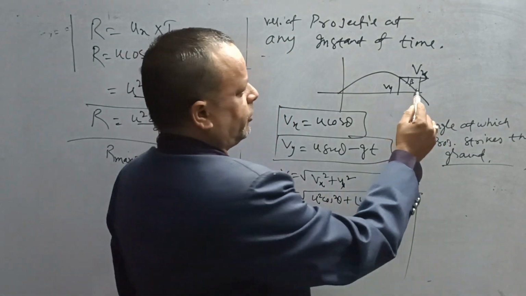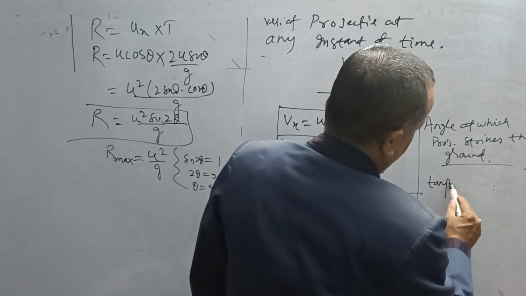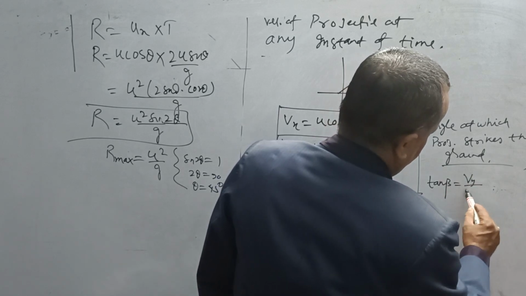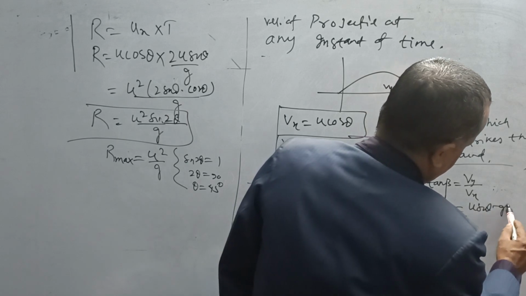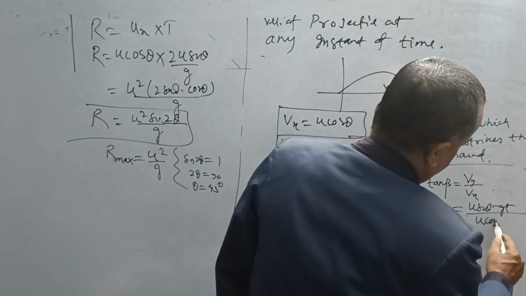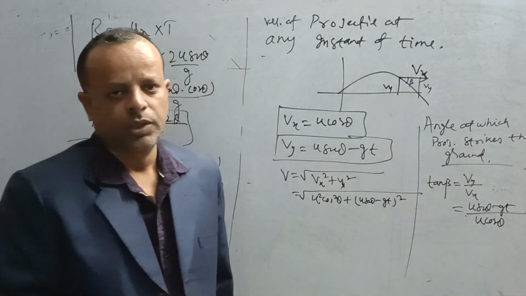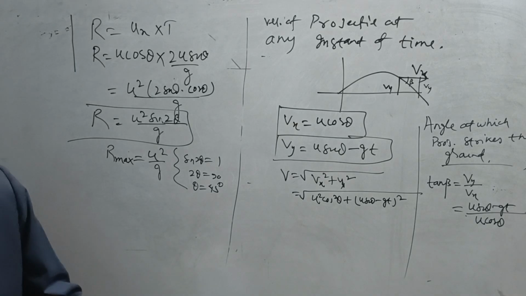What we have? This is Vy and this is Vx. We have tan beta equivalent to what? Vy upon Vx. Vy is what? It is u sin theta minus gt, and Vx is u cos theta. So these are a few important topics related to projectile motion.